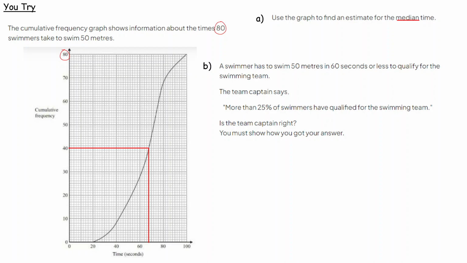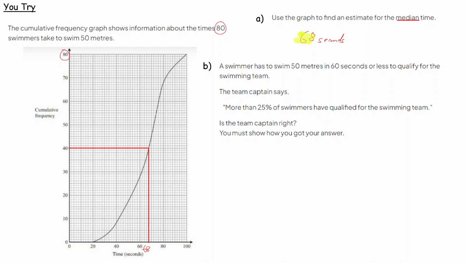Yeah, 68. Let's go with that. So the estimate for the median time is 68, and the unit is seconds. They'll give it to you in the exam, but the important bit really is the number. So 68 is your answer.